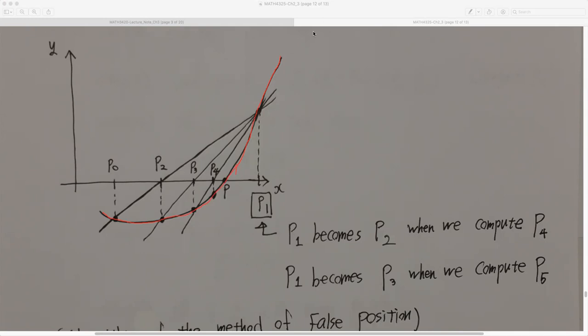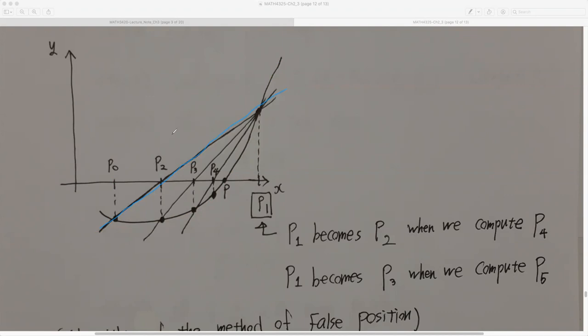Okay. So now, starting from P0 right there and P1, we're going to apply the secant method. So we're going to find our secant line passing through P0 comma f of P0 and P1 comma f of P1. Okay, so right there.